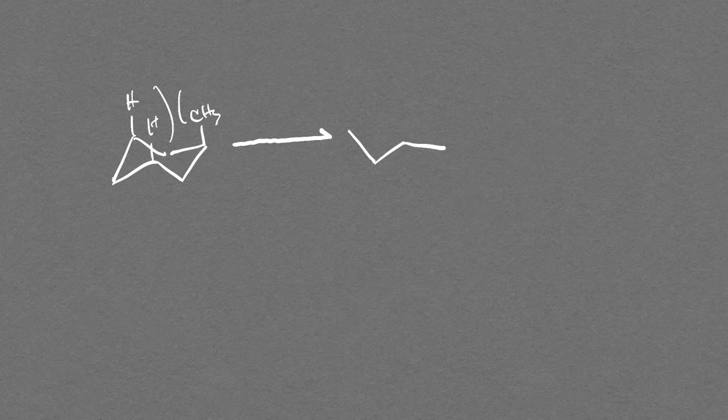I'm drawing it now the other way, all right? And now my chair tells me that I've got this now in an equatorial position, and the former axial hydrogens are also in equatorial positions.